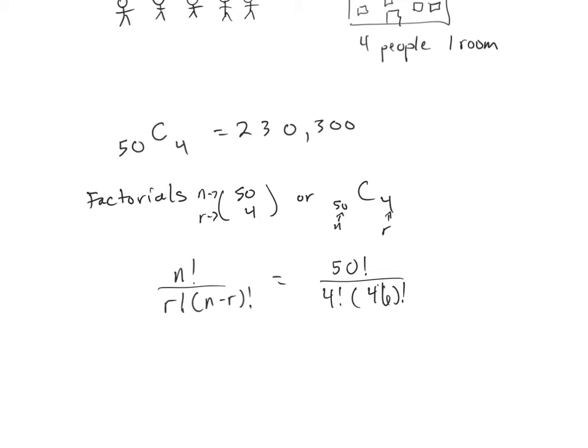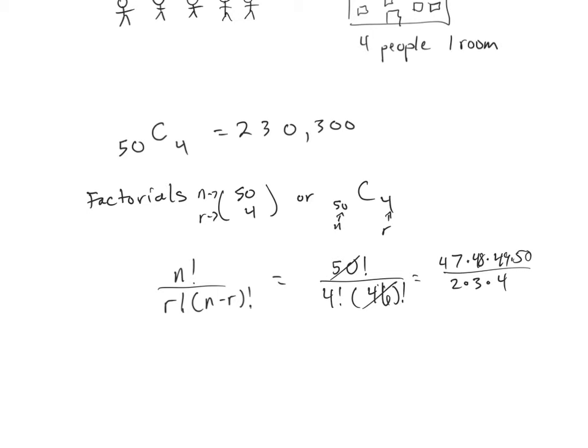If I simplify this further, this gives me 47 times 48 times 49 times 50 divided by 2 times 3 times 4. I can simplify.